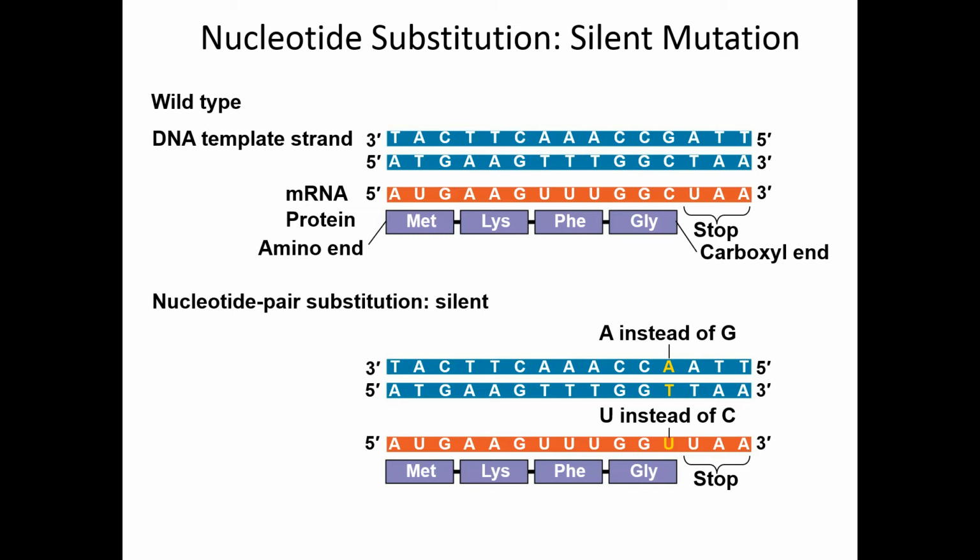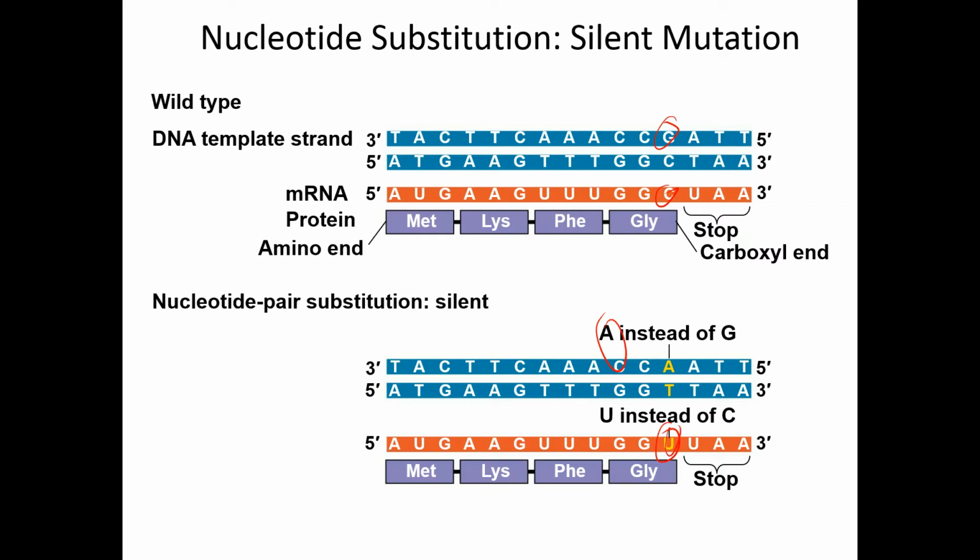Let's say here, for this sequence, in place of a G, you have an A. Well, that means that your functional messenger RNA will have a uracil instead of a cytosine, so you get a completely different nucleotide in place of it.